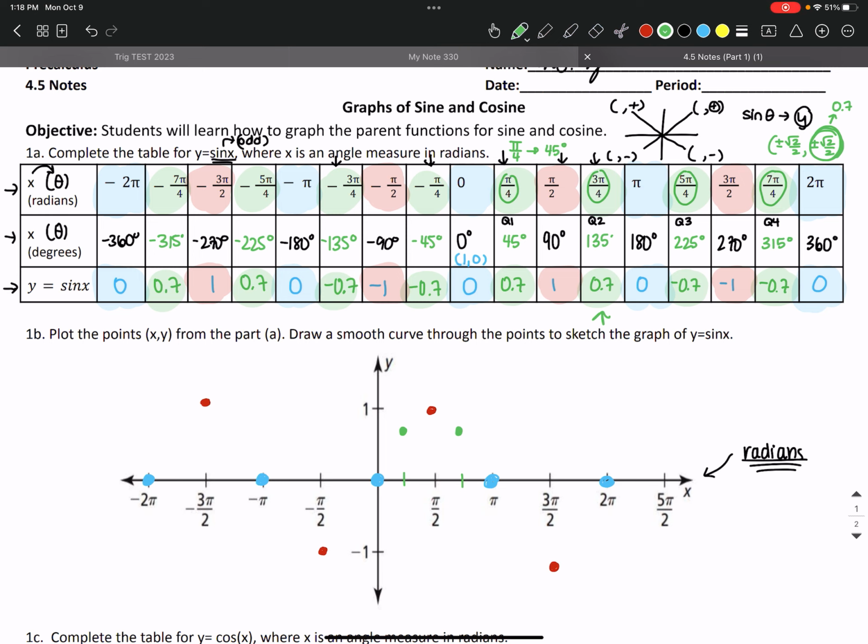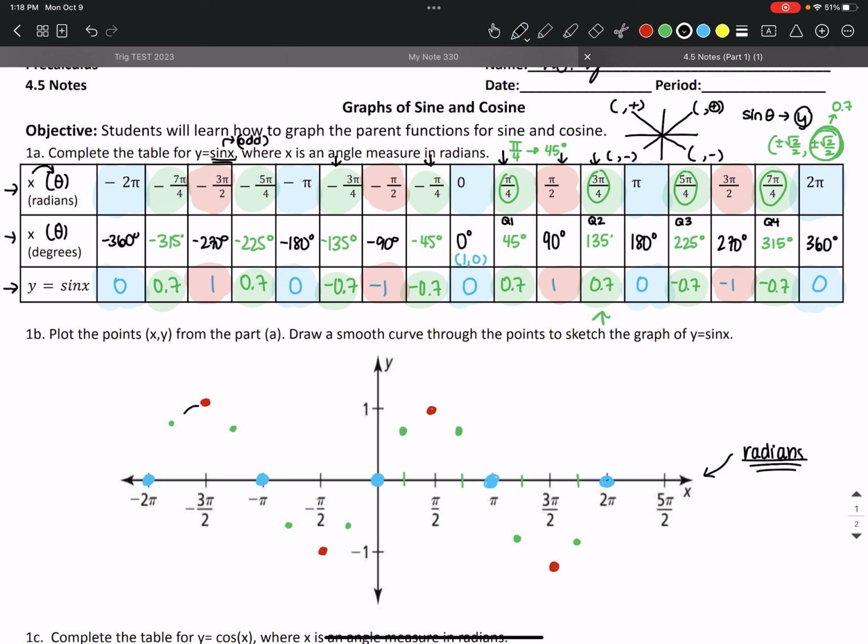Then between pi and 3 pi over 2, I have 5 pi over 4 and negative 0.7. And then between 3 pi over 2 and 2 pi, I have 7 pi over 4, which is also negative 0.7. And then I'm going to just continue on the other side. All of the ones that I have are halfway in between the ones that are scaled on the x-axis.